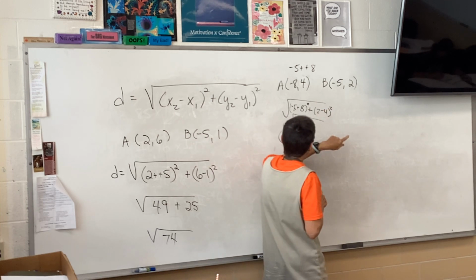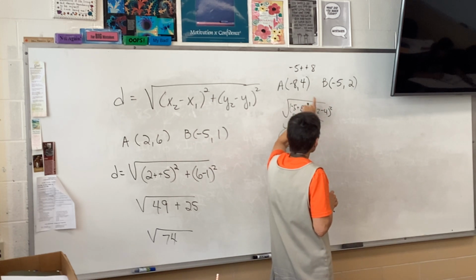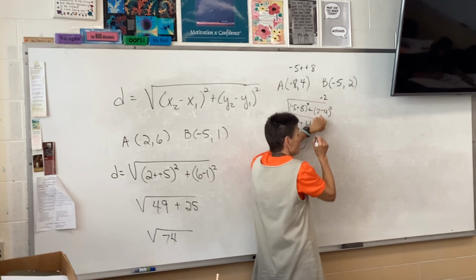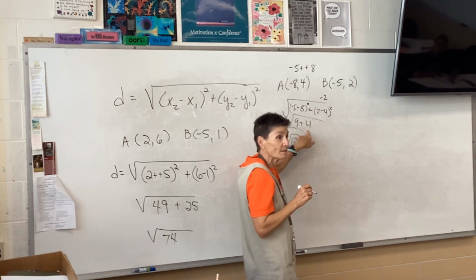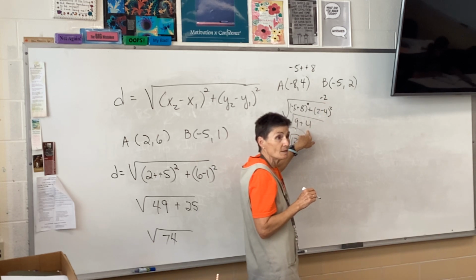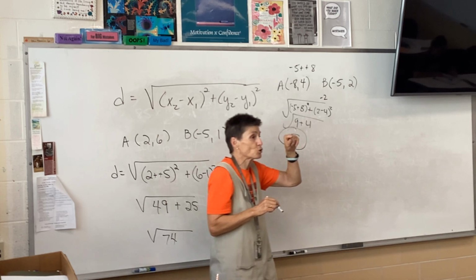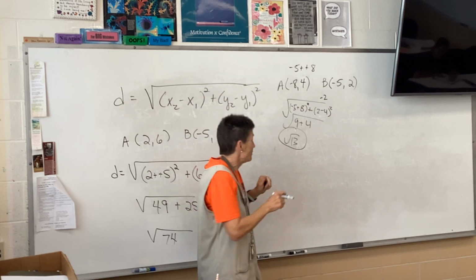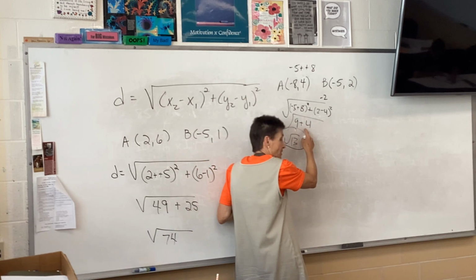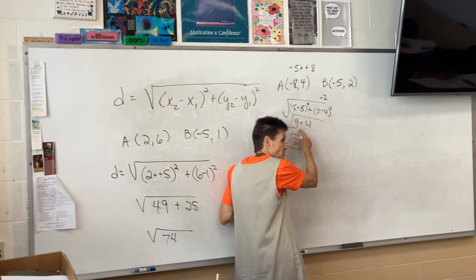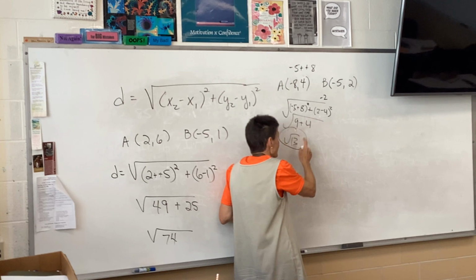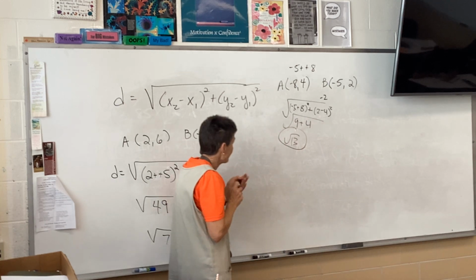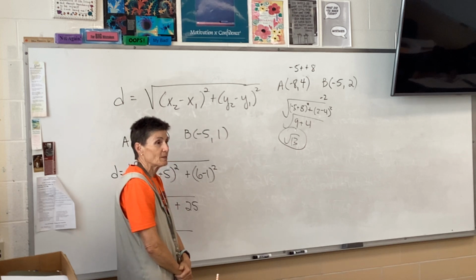And then they did 2 minus 4, so they got -2. And when they squared it, they got +4. Remember, when you square anything, it's going to become positive. There should not be negative numbers under here. Okay, these are added together. Square root of 13. Thank you, Mr. Ronderos. Okay, everybody good with that?